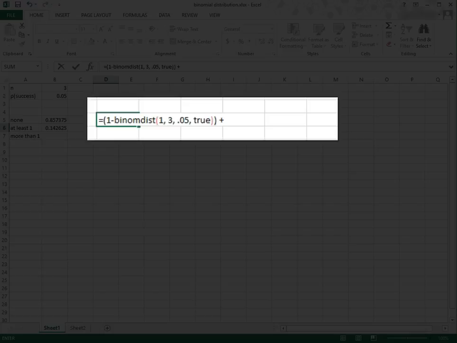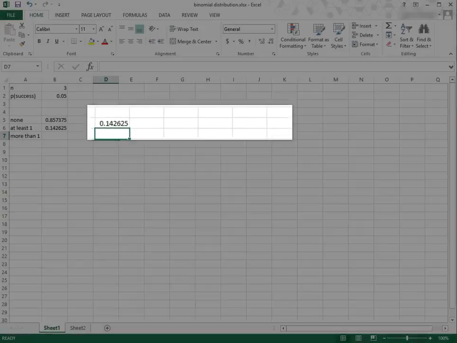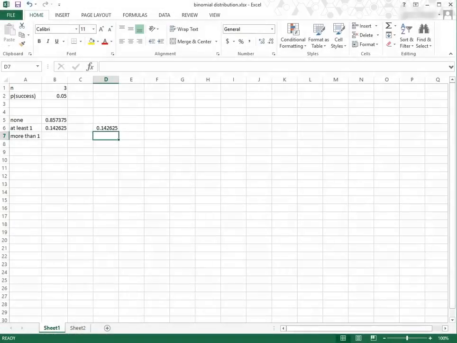Plus the probability that exactly 1 product will be returned, which requires the false argument. So this string of functions will also give us the probability that at least one product is returned. And you can see we do get the exact same answer. The probability is 14.3%.